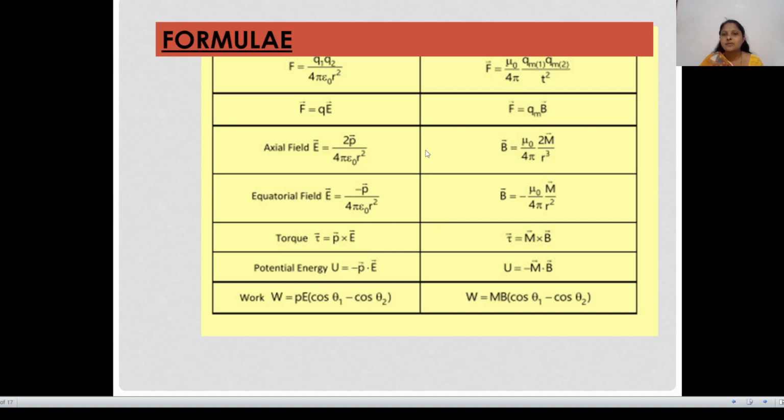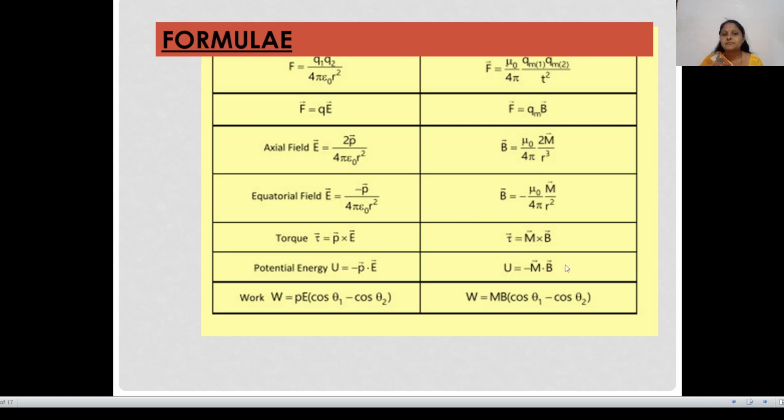F is equal to qE, where E is the electric field. These are related to the topics given here: formulas for potential energy, torque, magnetic induction, and others. Anybody who wants to can take photographs or a screenshot of this screen.